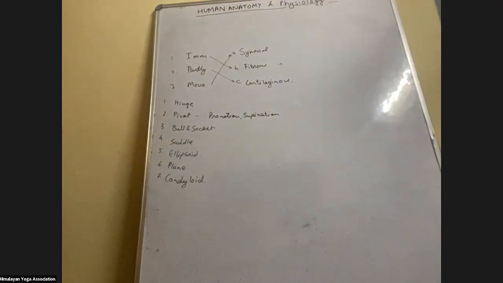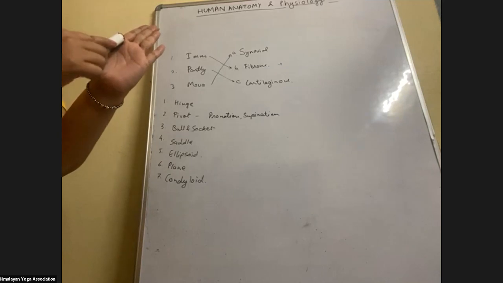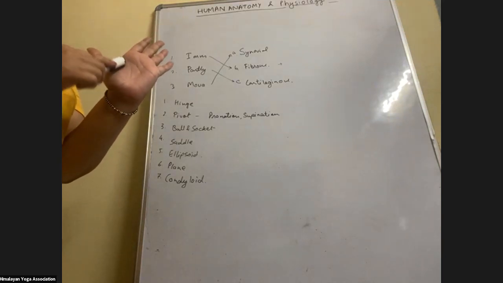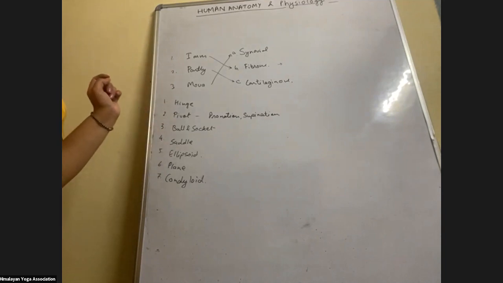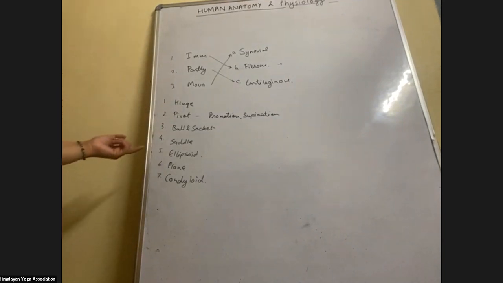Then we have saddle. Example of saddle: carpal and metacarpal. The joint between a carpal and metacarpal is an example of saddle. Then we have ellipsoid. Example of ellipsoid: our wrist.